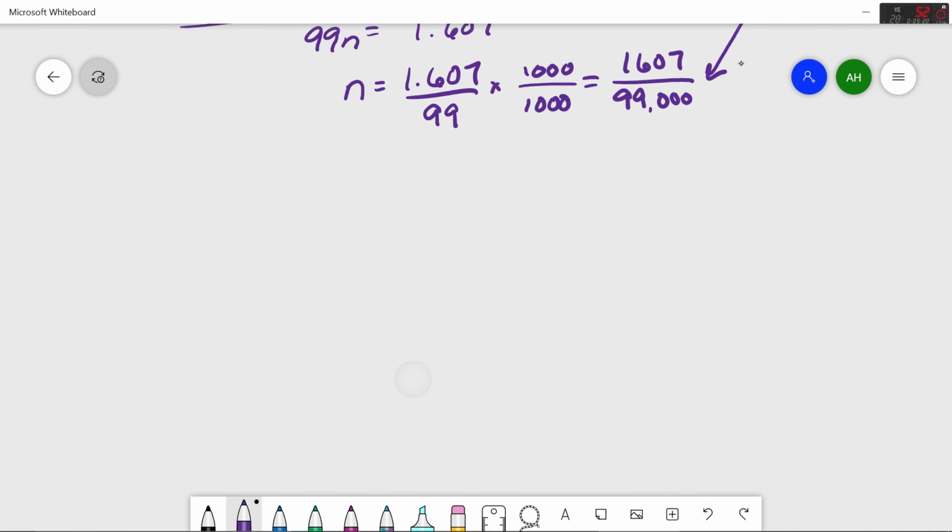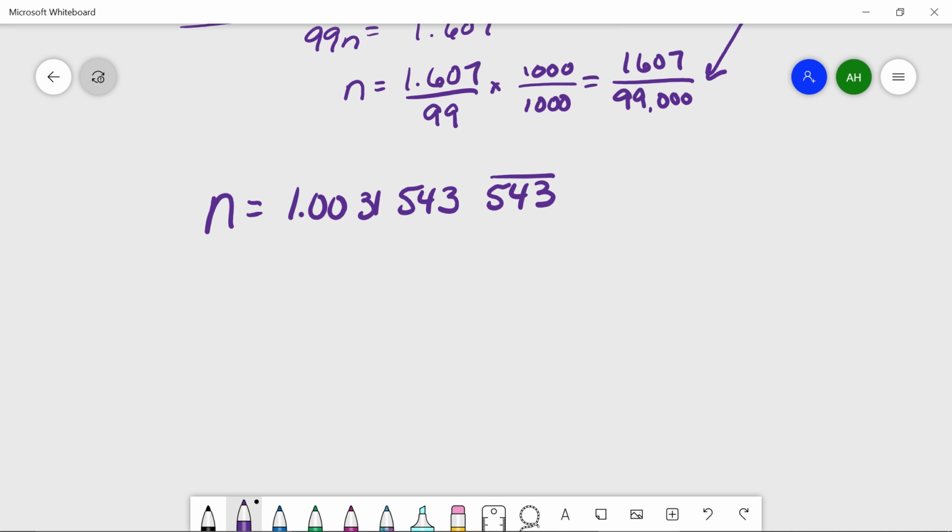I'm going to have n equals 1.0031543. This is what my repeater is. Here my repeater has 3 digits in it, so instead of multiplying by 100, I'm going to multiply by 1,000. So I'm going to have 1,000n minus n.